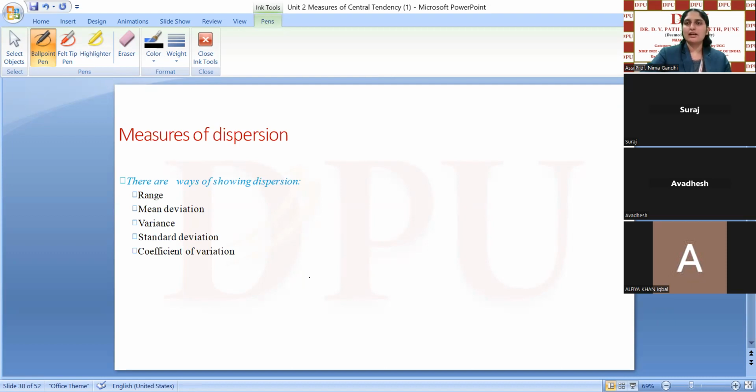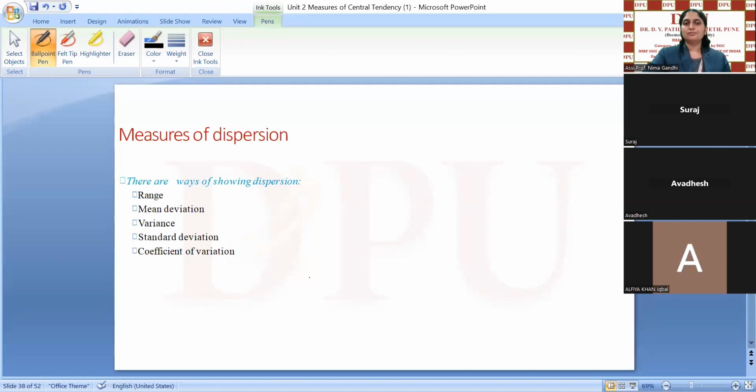So now we are interested in knowing how our observations are scattered around the mean. We want to know how the data is scattered, how it is dispersed, and we want a single value for that, and that is a measure of dispersion.